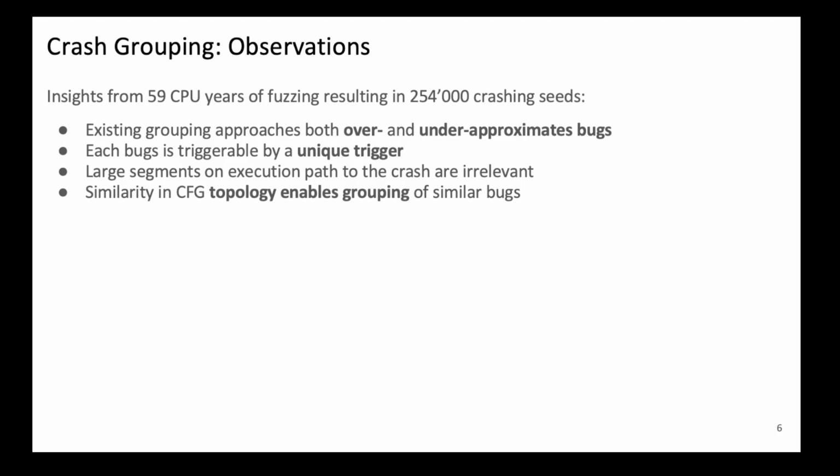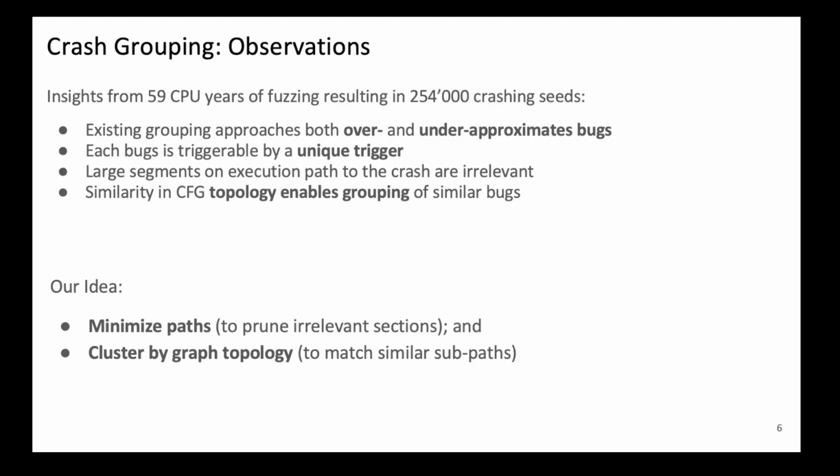Secondly, there must be a unique trigger method for each vulnerability, and a large number of new paths discovered by fuzzing are actually independent of this triggering path. For crashes of the same root cause, their control flow graphs have a much higher overlap. Through the similarity comparison of control flow graph topology, we can group crashes of the same root cause together.